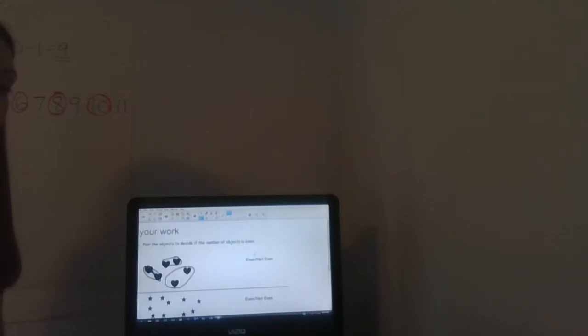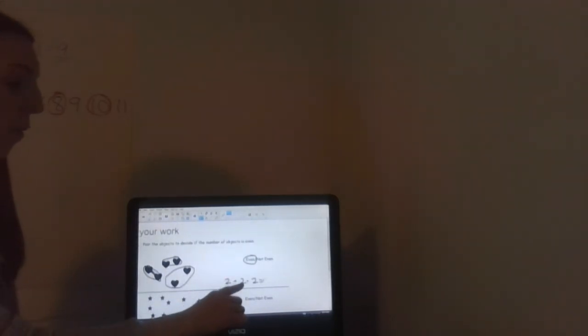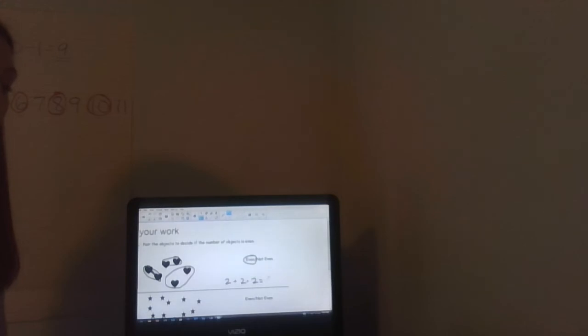I know that this is even. If I wanted to go 1 step further, I could even go 2 plus 2 plus 2. And as I skip count, 2, 4, 6, I know that 6 is an even number.